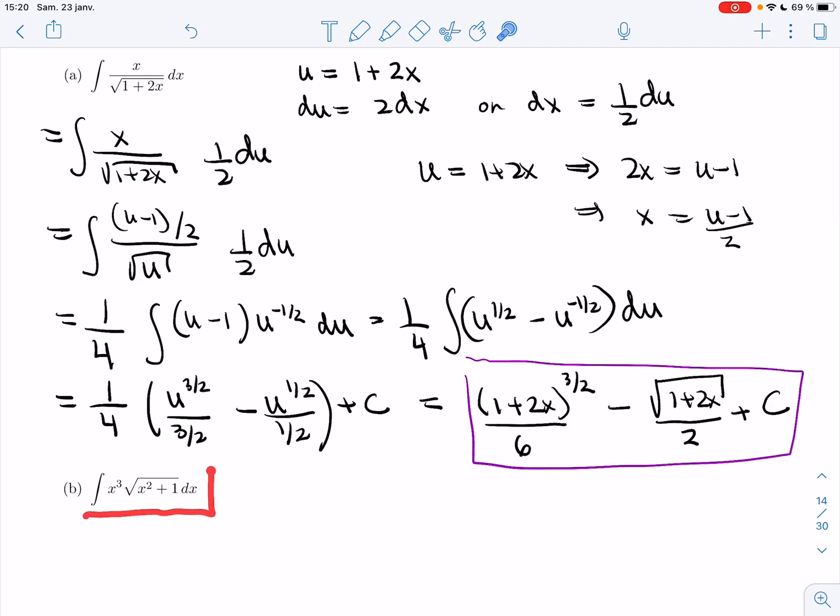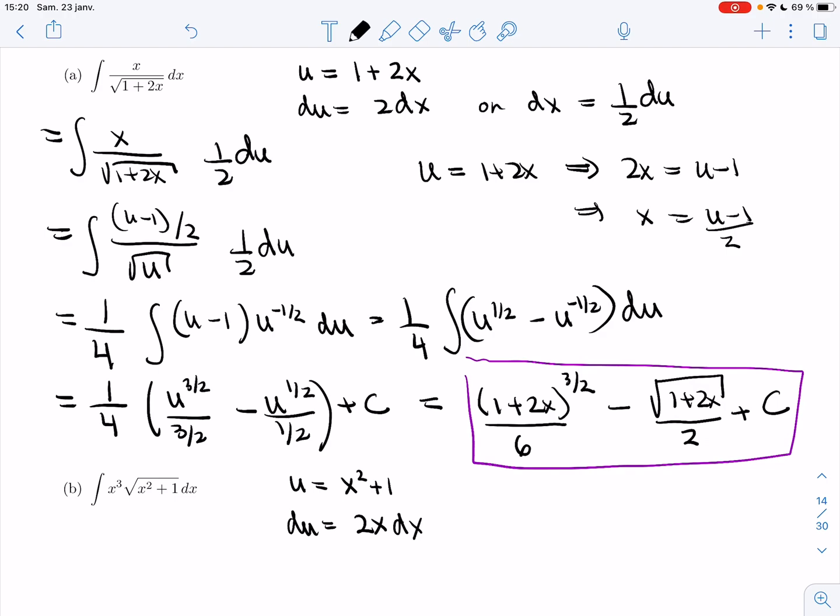Let's try this integral of x cubed square root of x squared plus 1. So in that case, I'm going to take u to be x squared plus 1. Again, it's inside a root, inside a denominator, inside of another function. These are big clues that you should try them. So I would try this. Now what worries me is I have x cubed outside, but du is going to be in terms of x.